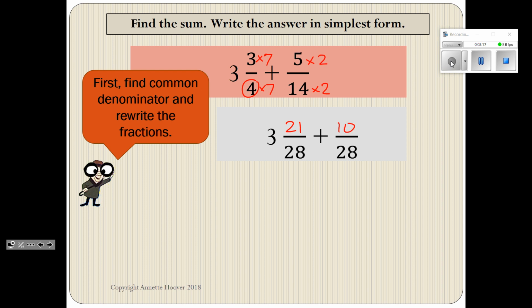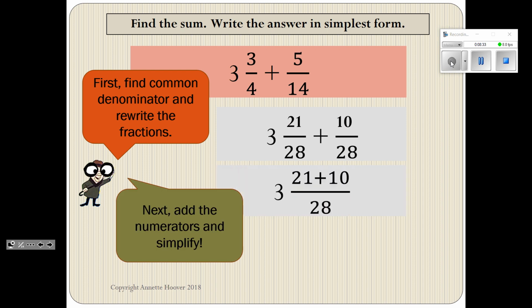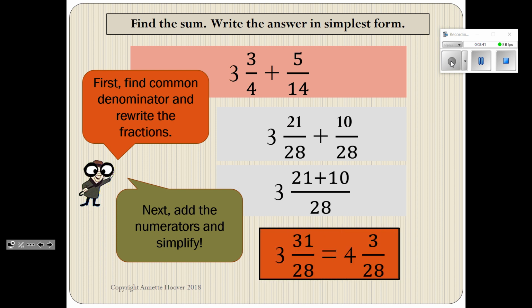So I rewrote the two fractions, but I went ahead and kept the mixed number because I have to just add the mixed number. It would just be 3 plus 0, which is easy. Now I have 3 wholes plus no other wholes, so I know I have a 3, and then I'm going to add the fractions, which is 21 plus 10 for the numerator, and we know that the denominator was 28. So 21 and 10 is 31.